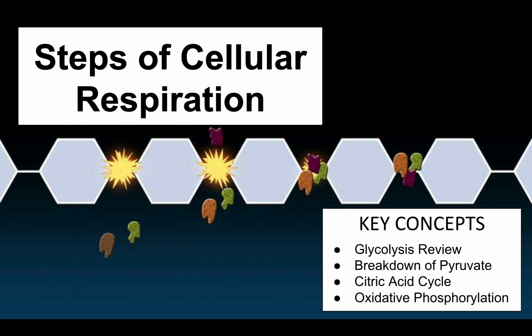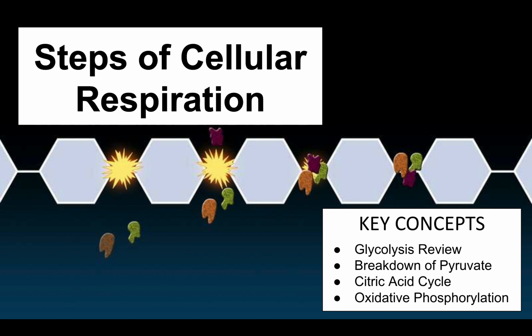So the very first thing that's happening, and this might be as much detail as I want you to know in terms of the different molecules, is that our acetyl-CoA, the product after the breakdown of pyruvate, has its acetyl removed and the CoA leaves the reaction.